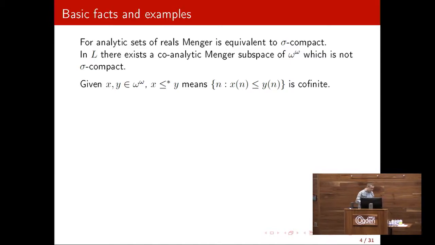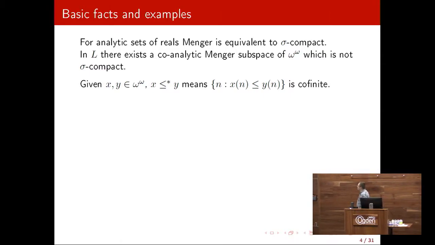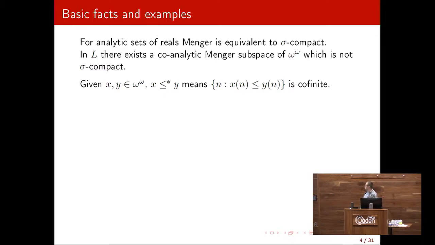But when you study these properties, there is a relation which always comes with them and helps to analyze them, namely the relation of eventual dominance. You say that one sequence of natural numbers is eventually dominated by another if you allow only finitely many mistakes, so from some point on, the second one should be above the first one.